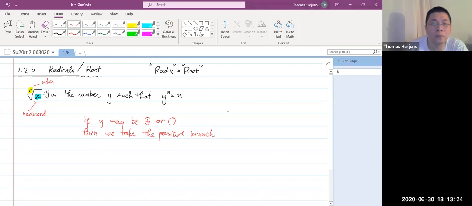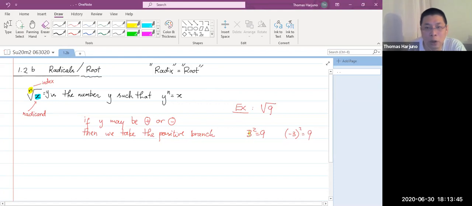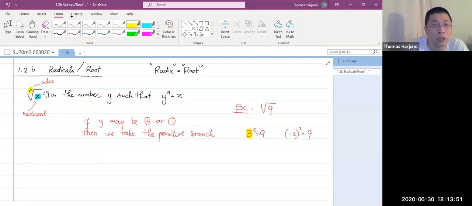For example, when we say square root of 9, notice that 3 squared is 9, and negative 3 squared is also 9. So there are actually two numbers which when we square we get 9, right? Now if there are two possibilities, we will choose the positive branch. In our textbook we call it the principal branch.